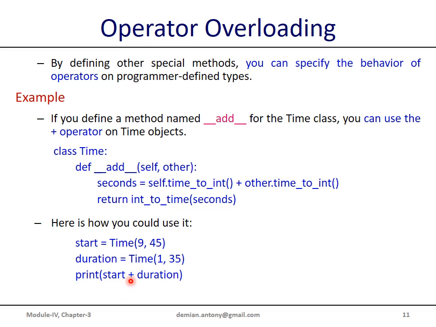This plus automatically makes a call to the double underscore add double underscore method, and this method returns the time object, which will be printed. This print will get the new object, and that is printed by the print time.